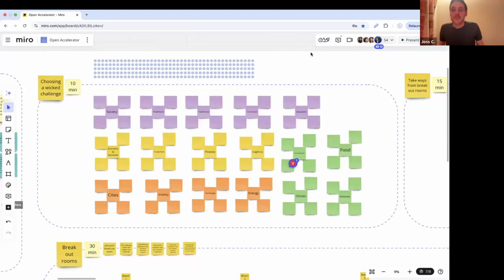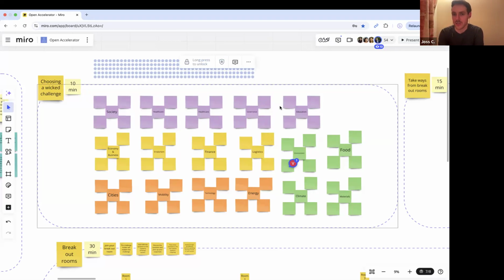What we're doing here is hearing from you about the challenges that you have. Not everyone here will have a challenge, so that's fine. For those who have come with specific challenges they're trying to address, we'll take a few minutes now, and we'd love to hear what challenges you're bringing. Write it up into a sticky corresponding to one of the categories so that we can structure this a bit.